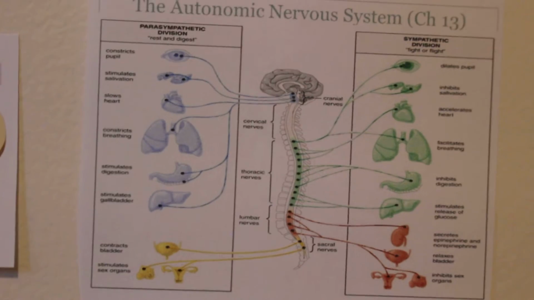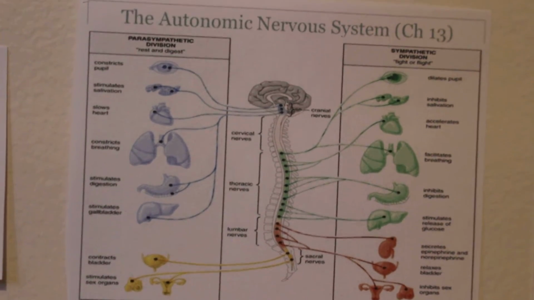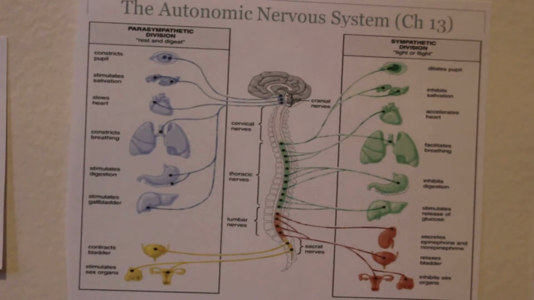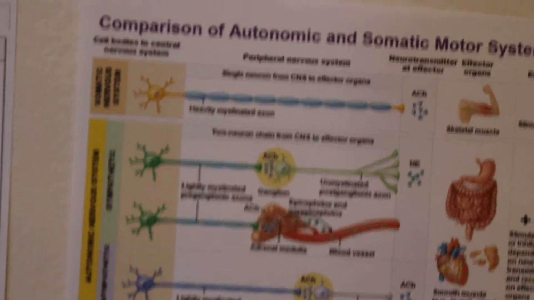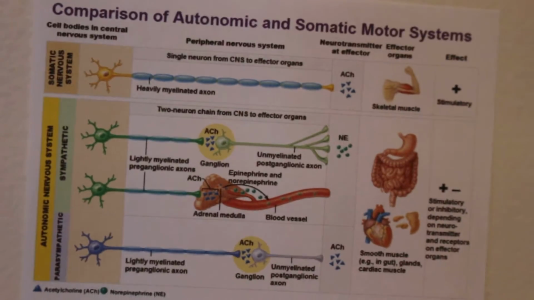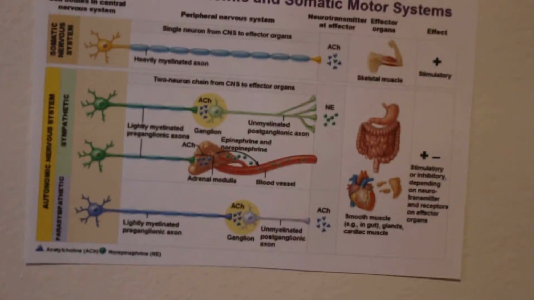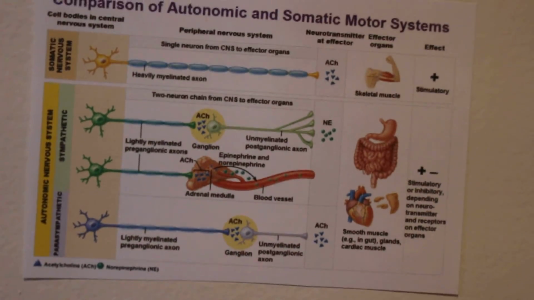The sympathetic and parasympathetic are antagonistic to each other, and most organs get double innervation. Really quick on this, it all depends on what neurotransmitter is at the effector, depending on whether it will increase or decrease heart rate and digestion, etc.